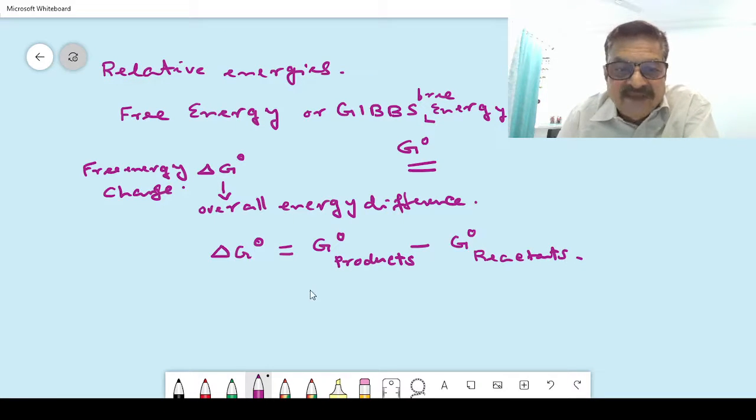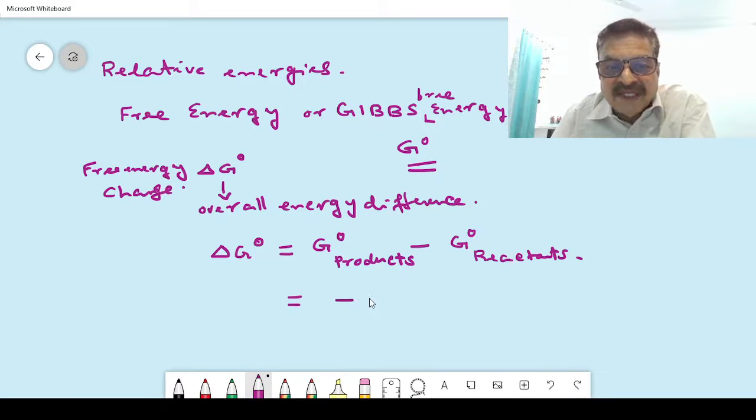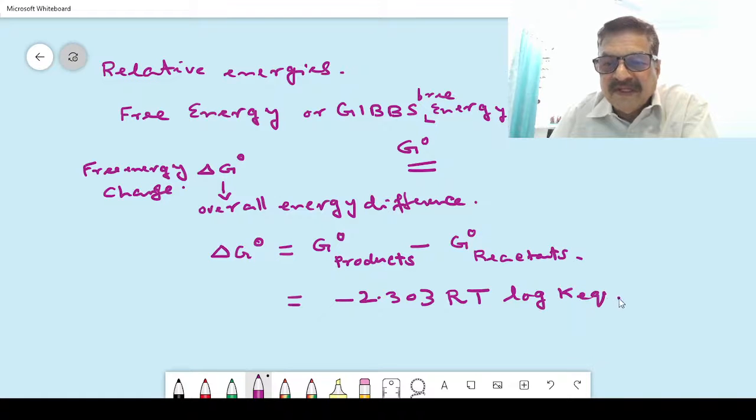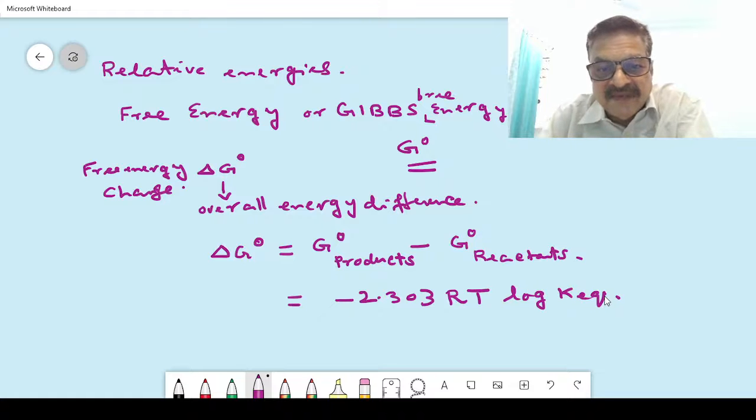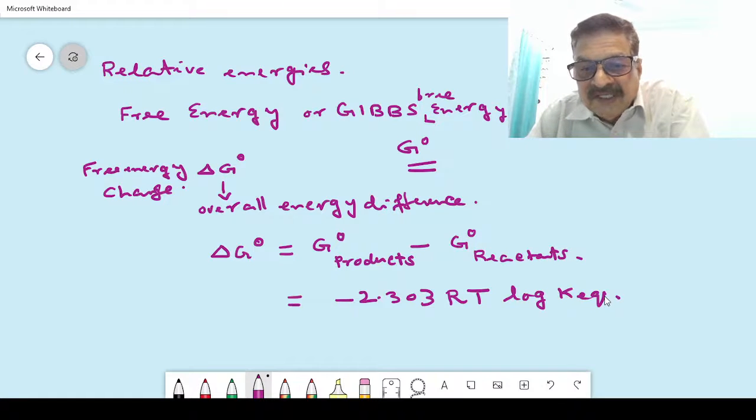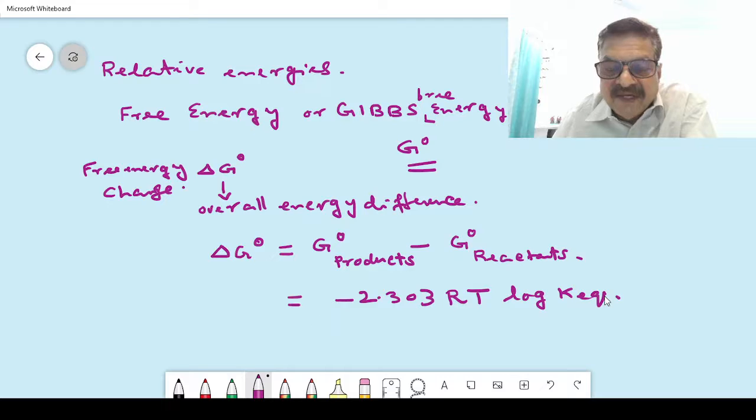There is an equation for this: delta G is equal to minus 2.303 RT log KEQ. This is the equation by which we determine the Gibbs free energy change. What is T? T is the Kelvin temperature, that is, temperature measured in the Kelvin scale, not Celsius.